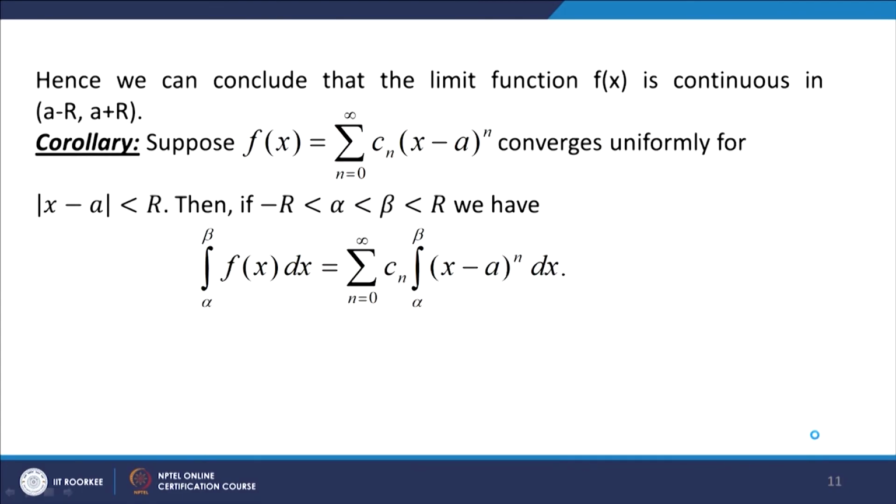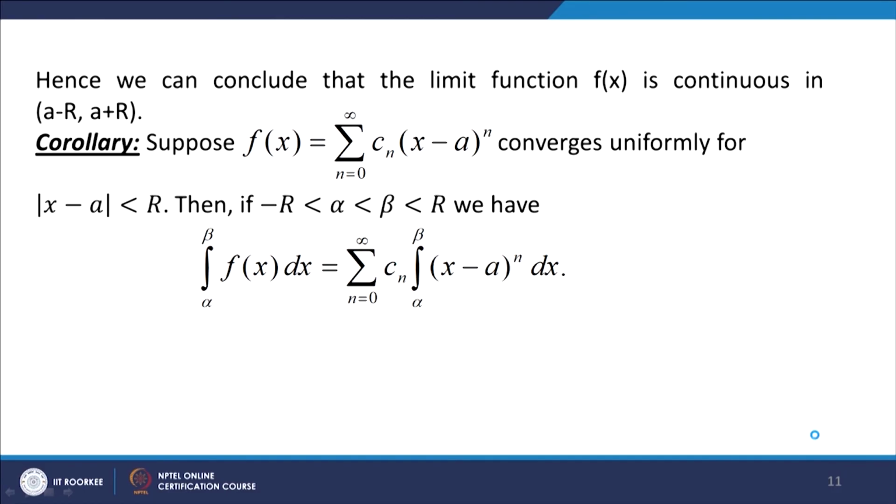Now, we can conclude that the limit function f x is continuous. We know from the theory of functions of a real variable that if an infinite series of functions of x converges uniformly over an interval I, then the sum function of the series is continuous. So, the limit function f x will be continuous in a minus r to a plus r.